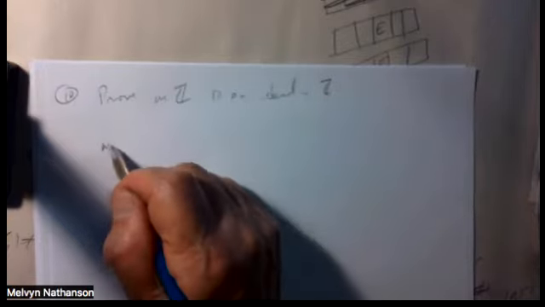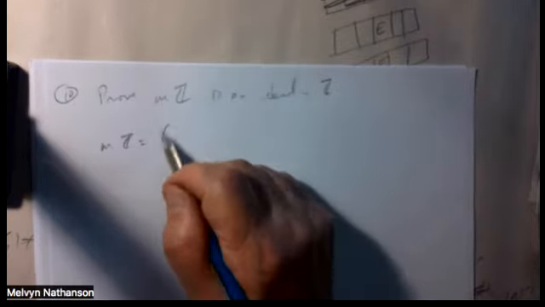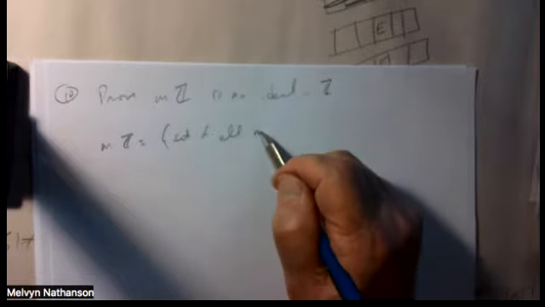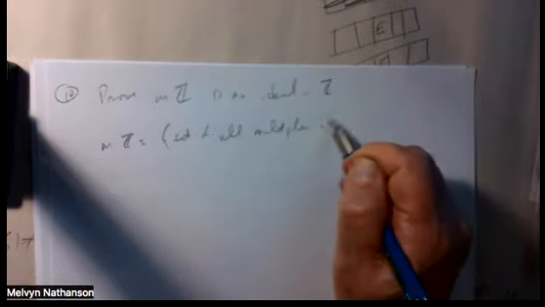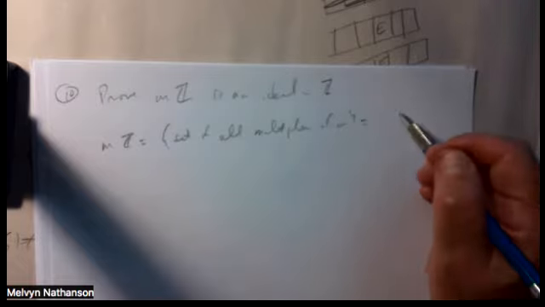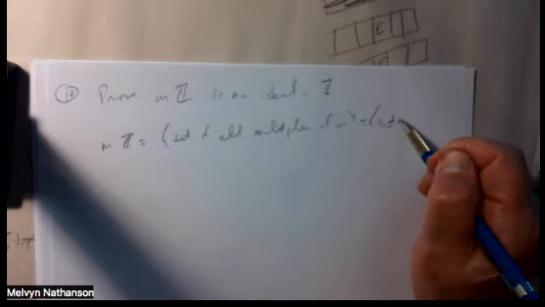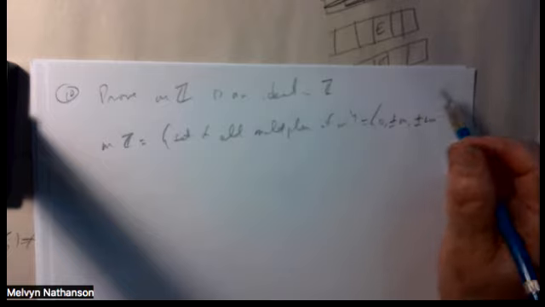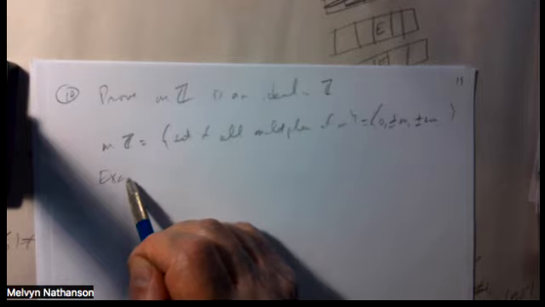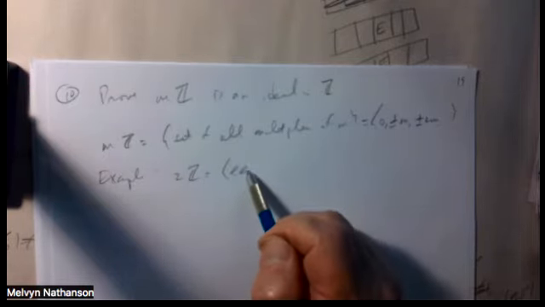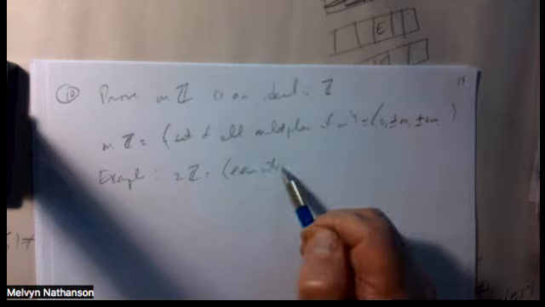So what is mZ? mZ is the set of all multiples of m, positive, negative, and 0. 0, plus or minus m, plus or minus 2m, and so forth. So for example, 2Z, the multiples of 2, is the set of even integers.